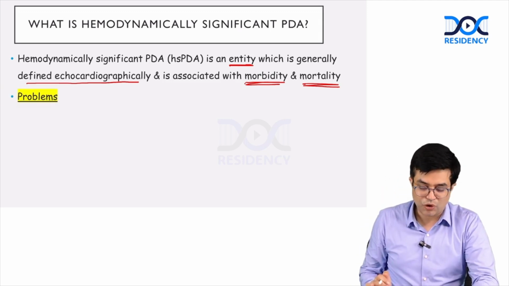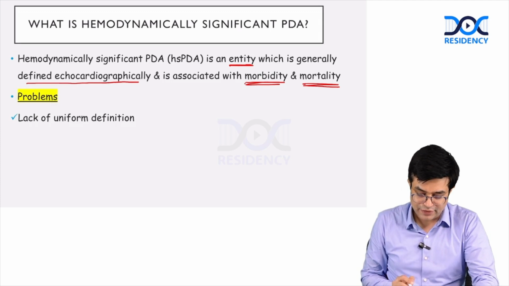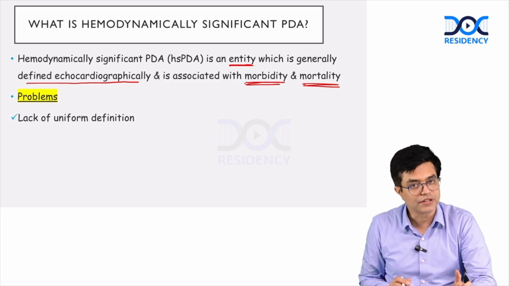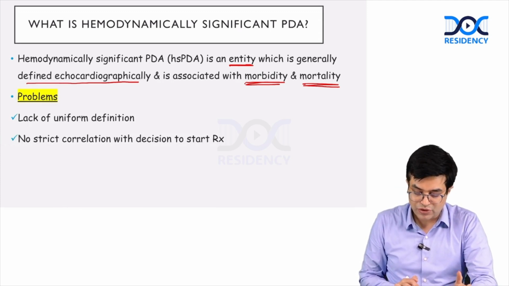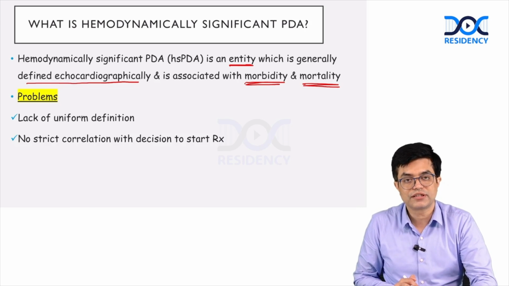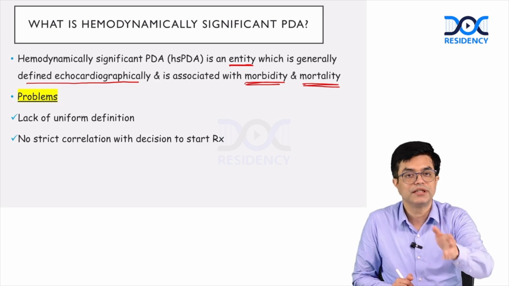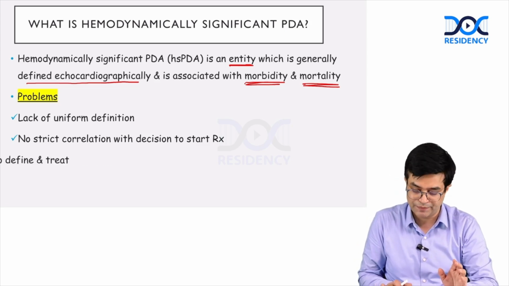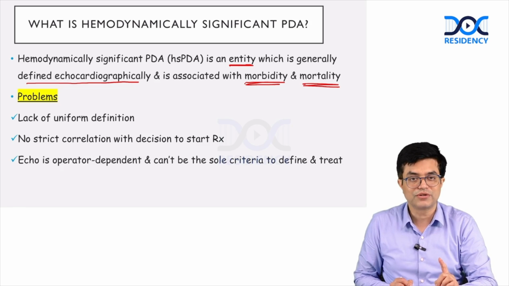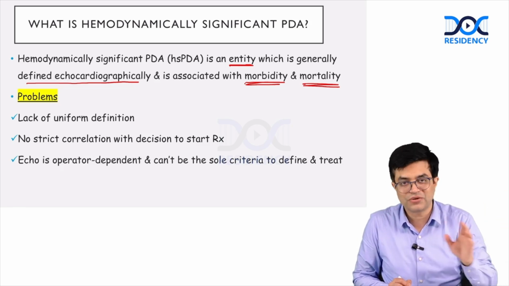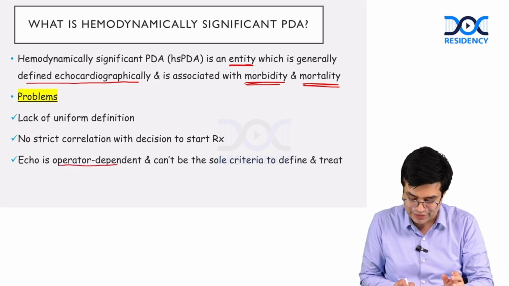So the problems with HS PDA: there is a lack of uniform definition, as I just told you. There is no strict correlation with the decision to start therapy. Generally, HS PDA patients require therapy, but when you start therapy and how aggressively you start therapy, there is no correlation with HS PDA. And thirdly, echocardiography, just like ultrasound, is operator dependent.